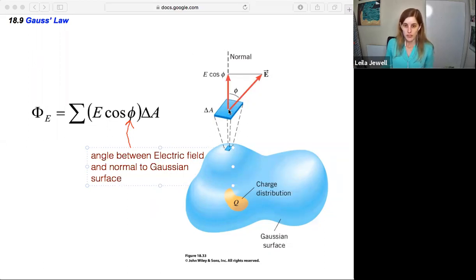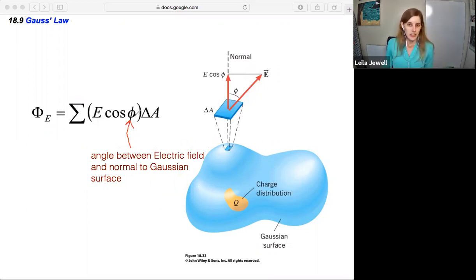That's what's shown here, where the normal is pointing straight out from the area segment and the electric field is pointing off at some angle, and E times cosine of phi then allows us to find the amount of electric field that's just going straight through the surface.